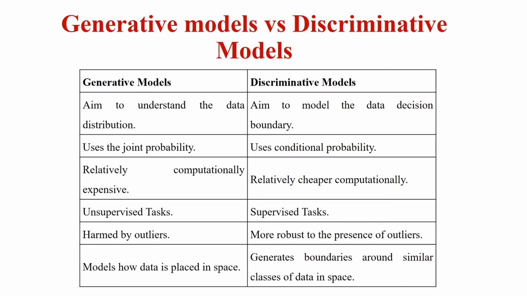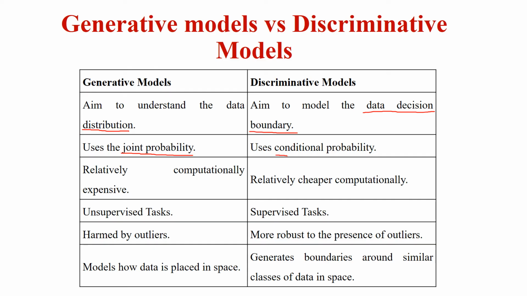Let us compare the generative models and discriminative models. In generative models we are trying to understand the data distribution, whereas in discriminative models we model the data decision boundary. In generative models we use joint probability.